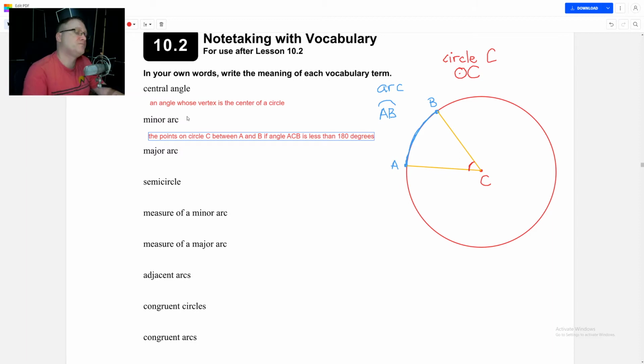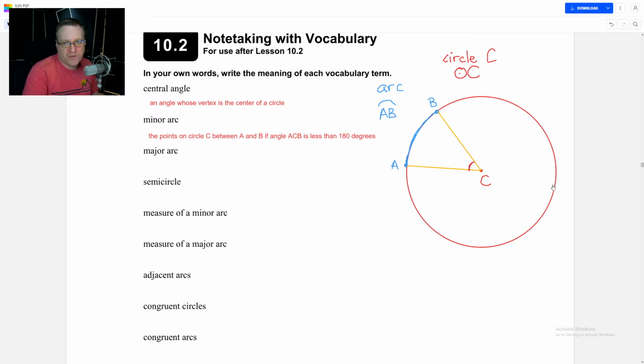So that's the definition. It's the points on circle C. So this is circle C. These are points on circle C, right? They are between A and B, but the angle ACB has to be less than 180 degrees.